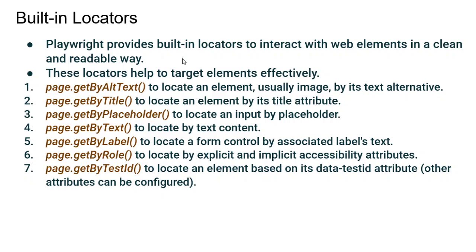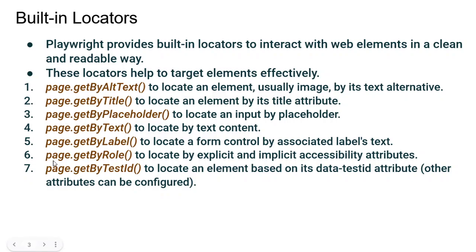Playwright provides built-in locators to interact with web elements in a clean and readable way. These locators help to target elements effectively. So along with the page.locator method which we have seen previously, Playwright has also provided some additional ways to locate elements easily.